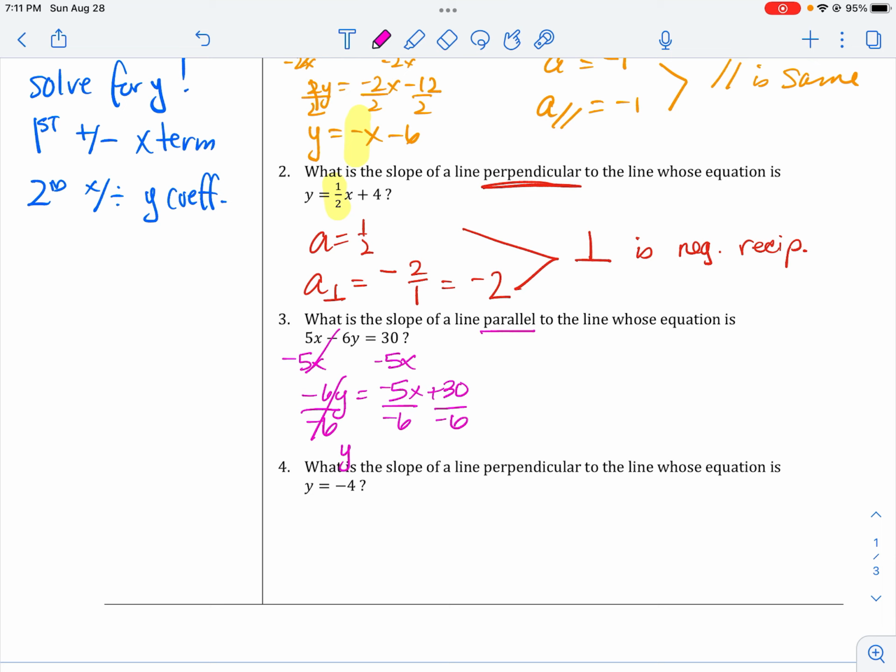So we're left with y equals 5/6 x, because two negatives make a positive, minus 5. There's my slope. So the slope of my line is 5/6. So parallel slope is also 5/6 because parallel is the same.